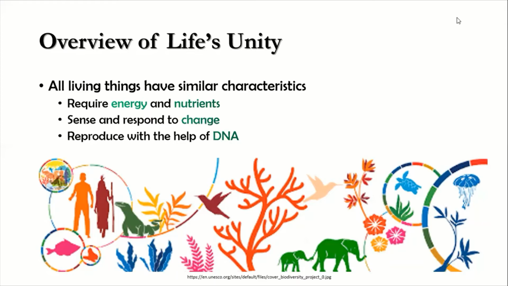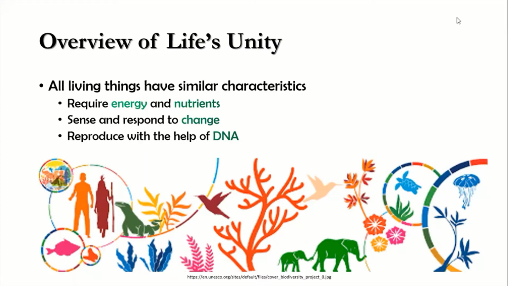So when we talk about life, as I mentioned a while ago, it's hard for us to define what life is. Okay? So there would be different definitions about life, and sometimes there would be different quotations about life. But the best way to study life is to look at its characteristics. Okay?